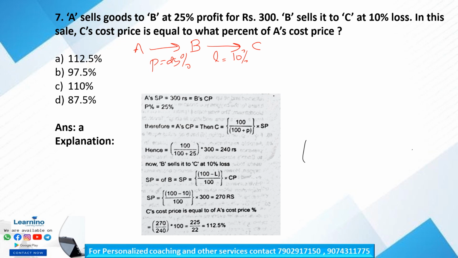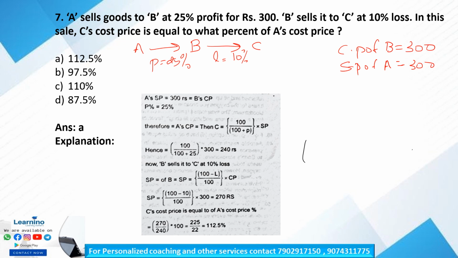So A is selling goods to B for rupees 300. So we know the cost price of B is equal to 300, that is equal to the selling price of A. And B is selling the goods to C at a 10% loss.